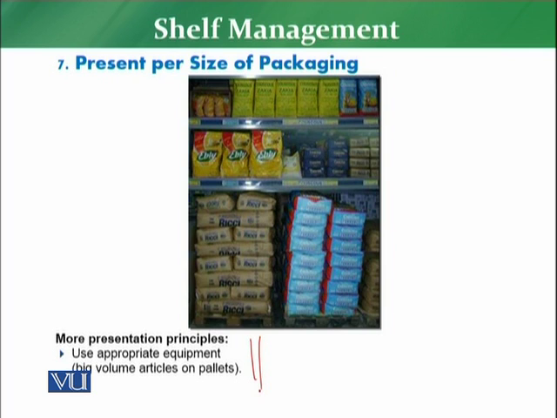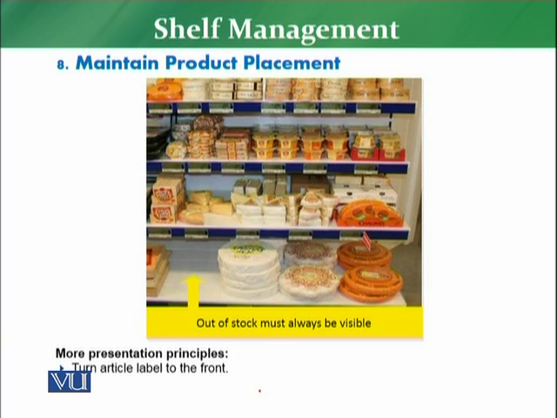So this main principle was about presenting the product as per the size of the packaging, and as I've just described, the basic principle is that you follow smallest at the top and the largest size of packaging at the bottom.